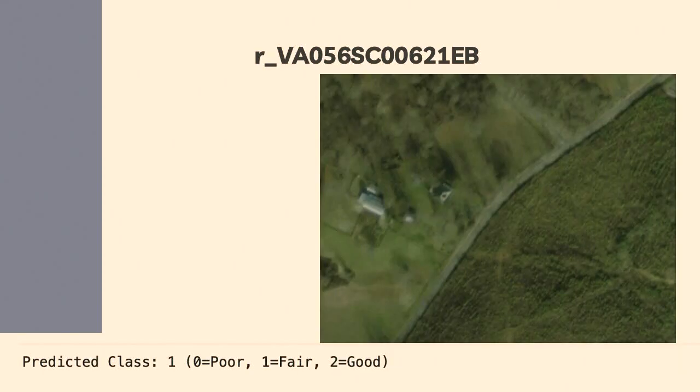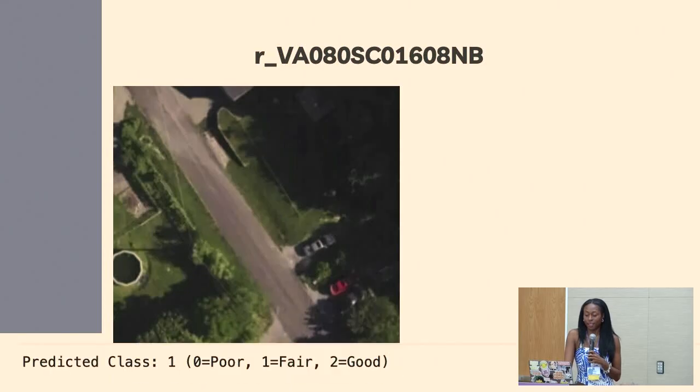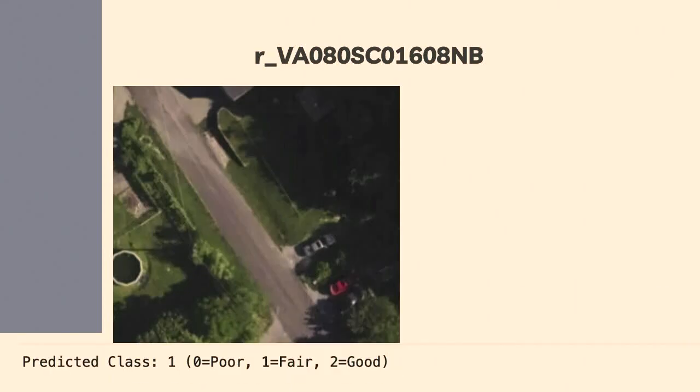So this was also fair, but VDOT also gave this a rating of fair. And I have 2 more road segments. So here's the next one, OANB. So this got a rating of fair, and VDOT rated this as good. And then this last one, which is 58EB.